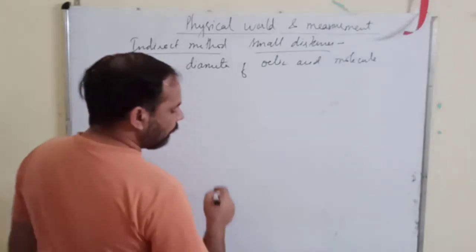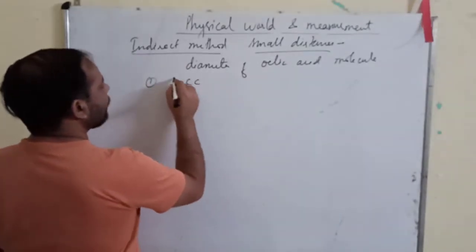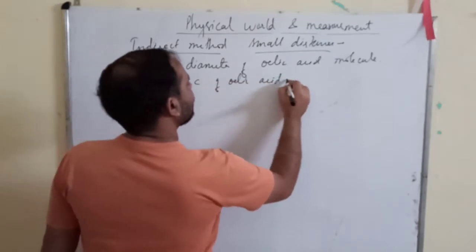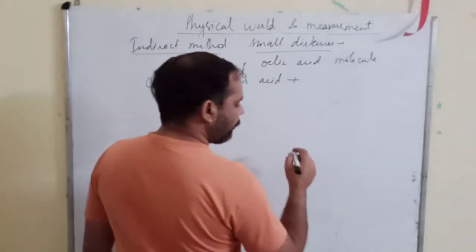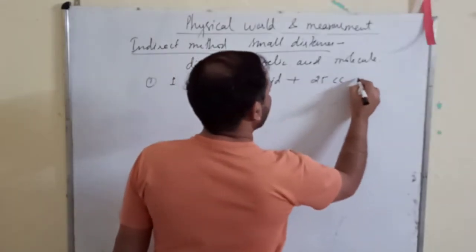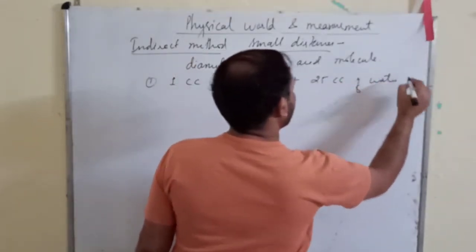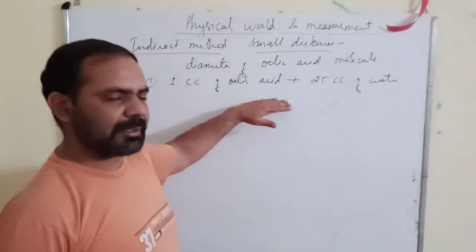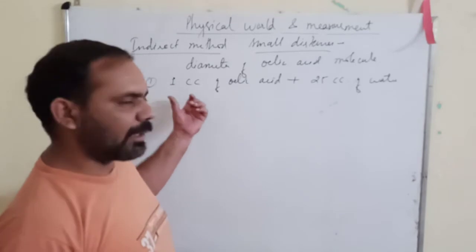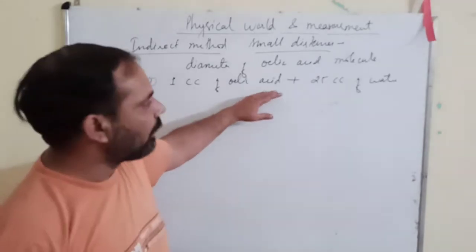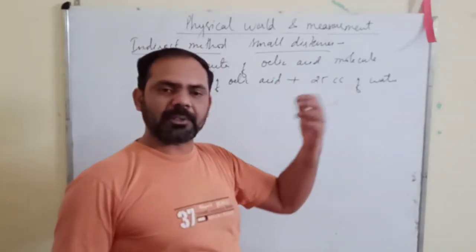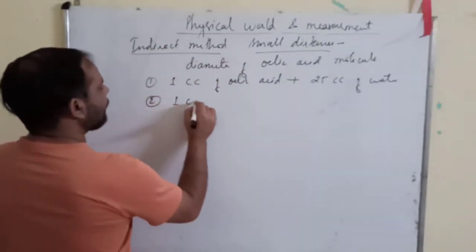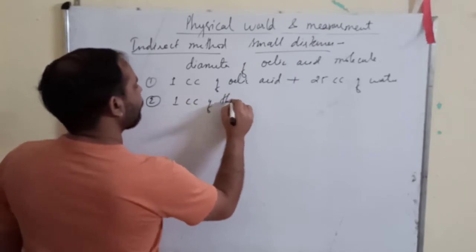First you take 1 cc, 1 cubic centimeter volume of oleic acid, and you mix it with 25 cc of water. Now you again take 1 cc of this solution.